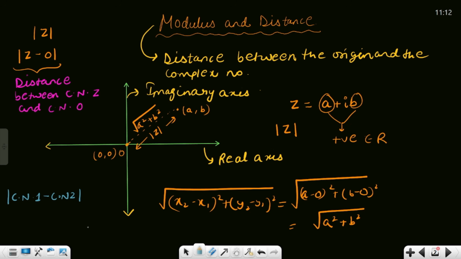Anything written in this format, modulus of complex number 1 minus complex number 2, basically gives us the distance between complex number 1 and complex number 2, not the distance between the origin and the complex number. Most of the students get confused between modulus and distance. Modulus is one concept and distance is totally another concept. Don't mix them up.